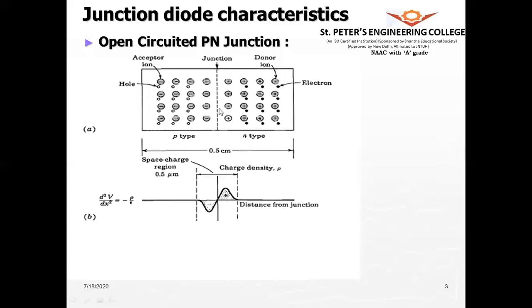Here we can see the junction, and near the junction there are no free charge carriers. Here we can see there are holes present, here there are electrons present, but around the junction there are no free charge carriers.